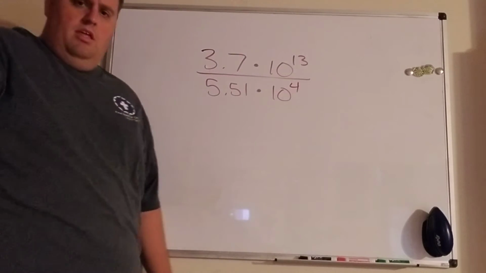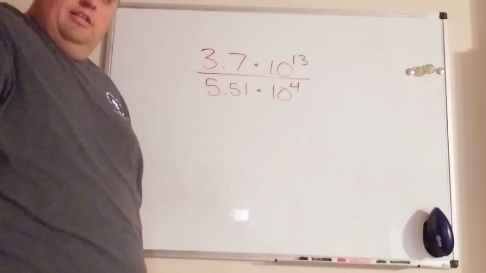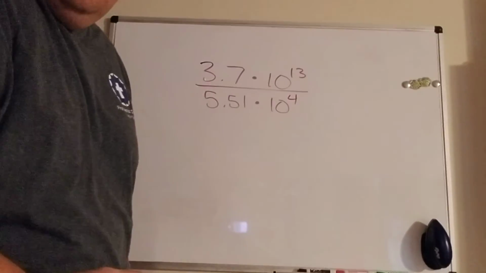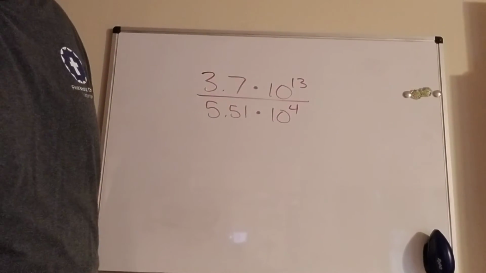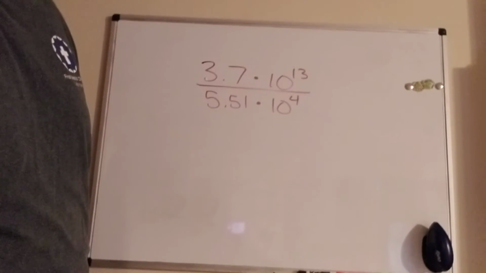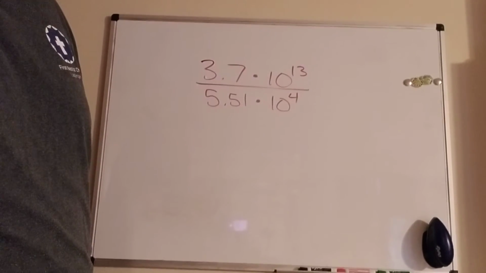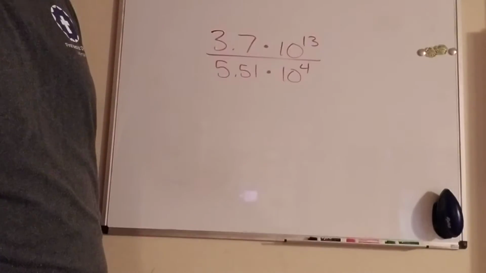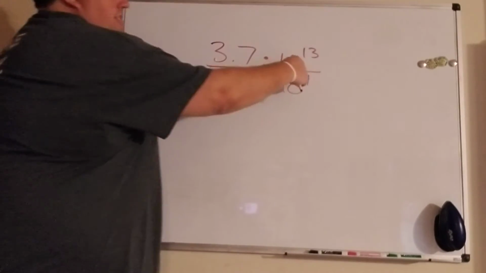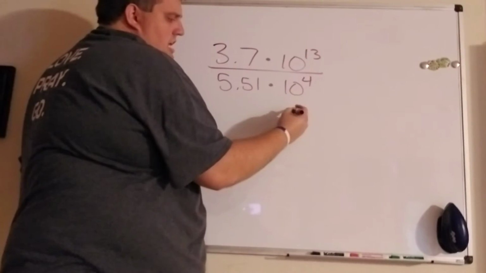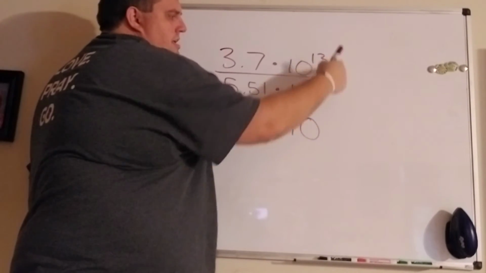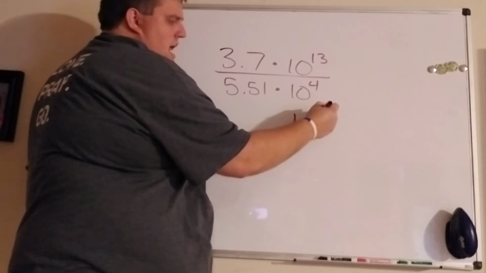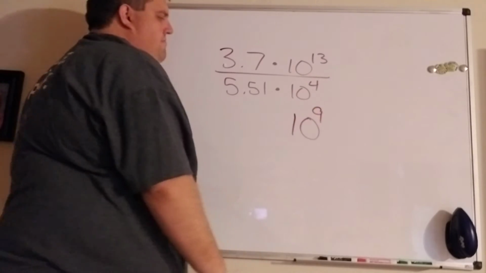Right? So same idea here. We are dividing, and we have the same base with the tens. So I want to keep the base, which is 10, and subtract those exponents. So I'm going to keep the 10. 13 minus 4 is 9, I believe.